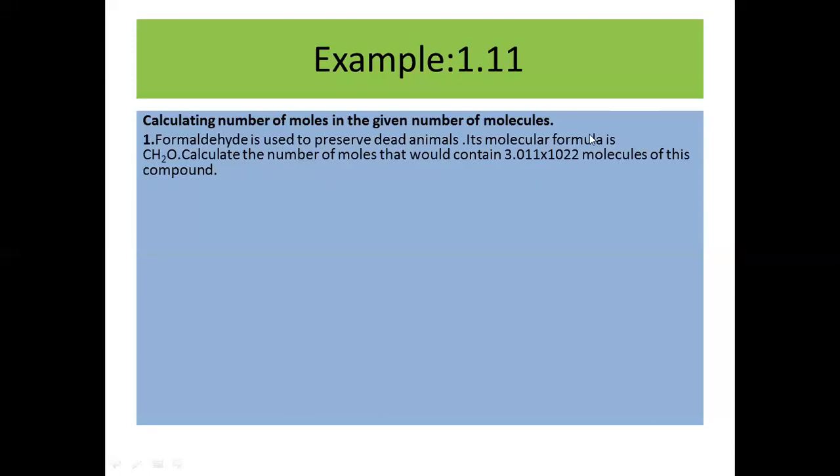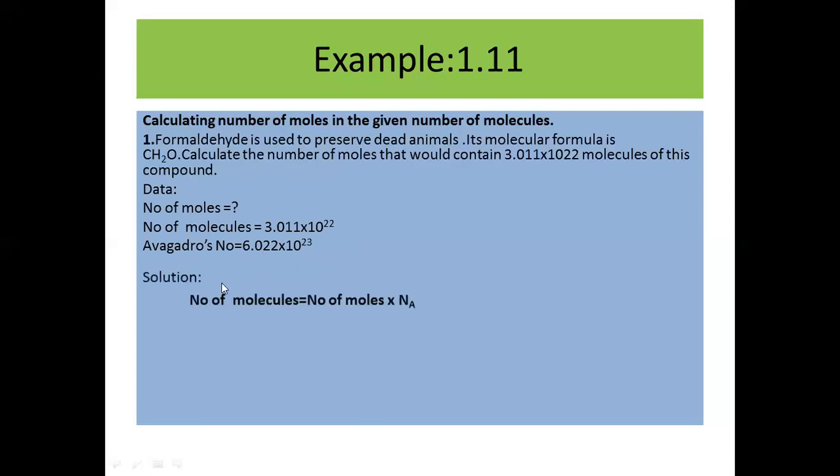So the number of molecules is given and we have to find the number of moles. The number of molecules given is 3.011 into 10 raised to power 22. Again, Avogadro's number you have to learn, and then using the formula, number of molecules is equal to number of moles into Avogadro's number.